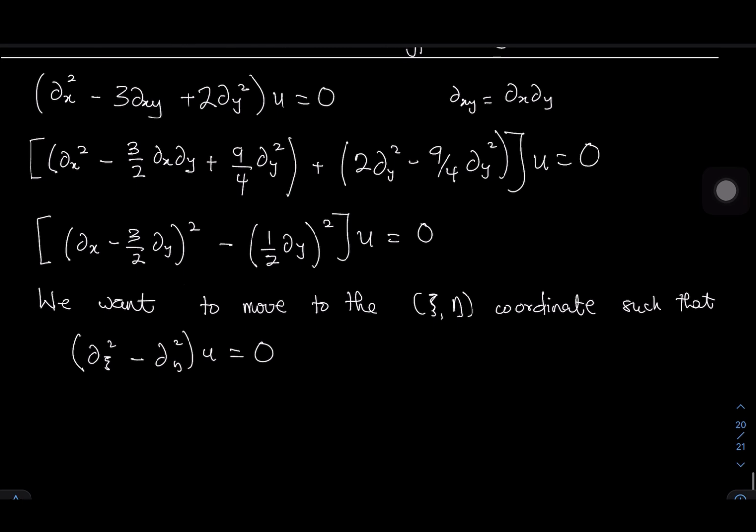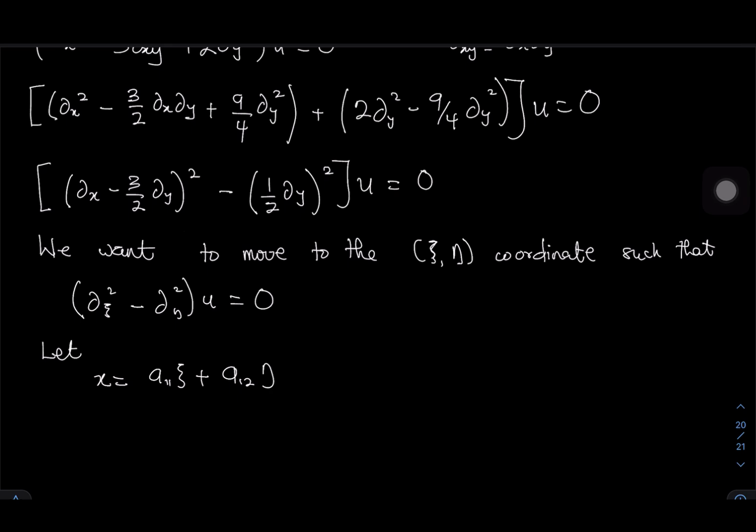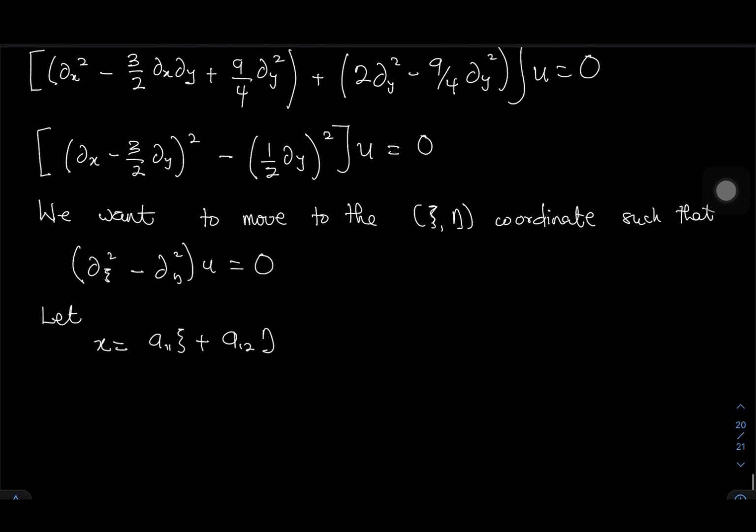Pay attention, how are we going to do it? We should have x and y as a linear combination of xi and eta. We don't know yet, so we let x be a11 xi plus a12 eta, where we are yet to find a11 and a12, and y is also a21 xi plus a22 eta. We are going to look for these.